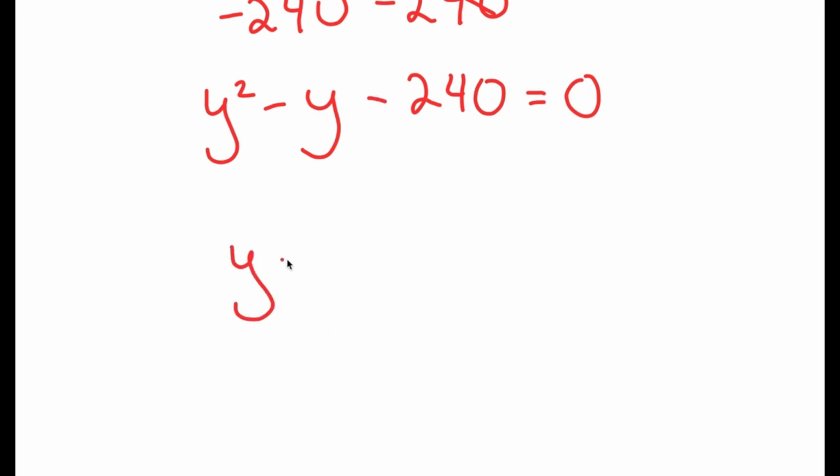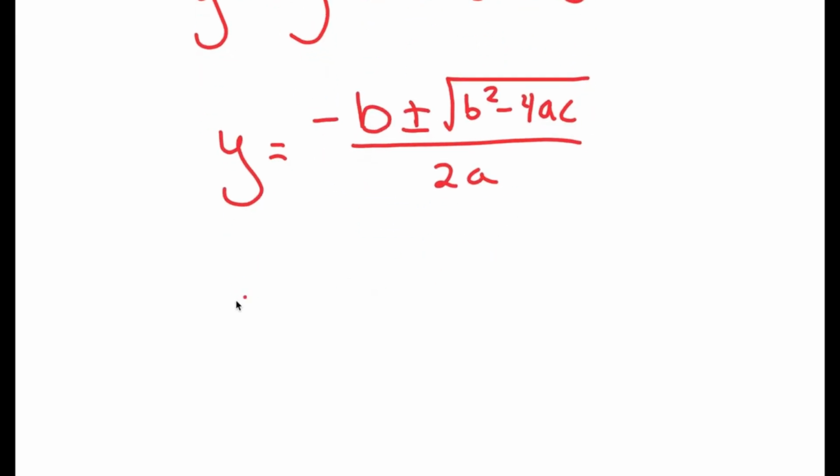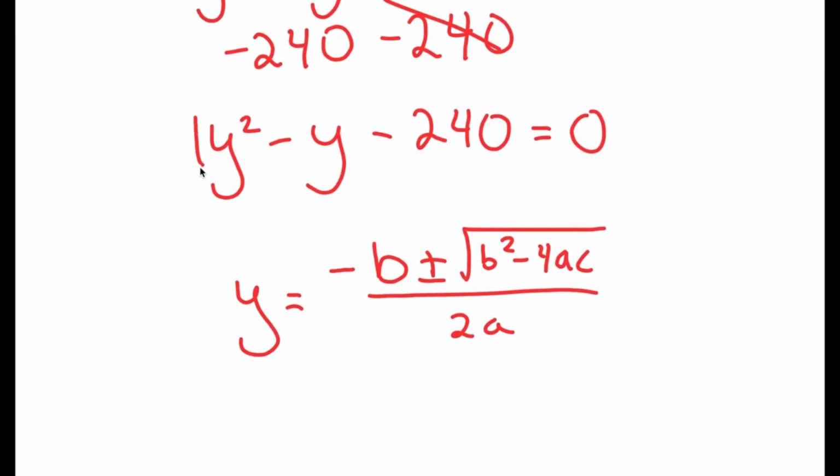So if you didn't already know, the quadratic formula is negative b plus or minus the square root of b squared minus 4ac all over 2a. So in this case, looking over here, a is 1, b is negative 1, and c is negative 240.